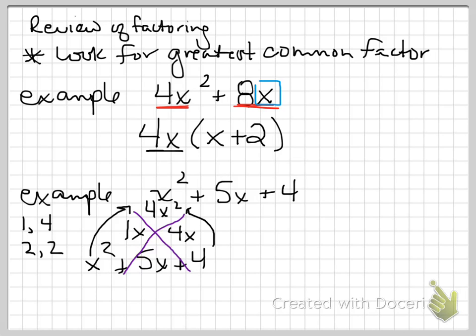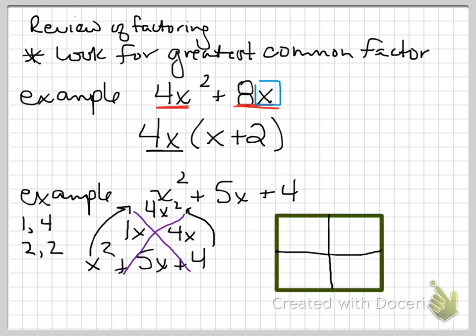Now what this allows me to do, the way I've set this up, is when I go to do my generic rectangle, I can do what I call go over the mountain. So I'm going to start with the x squared. Hold on here.